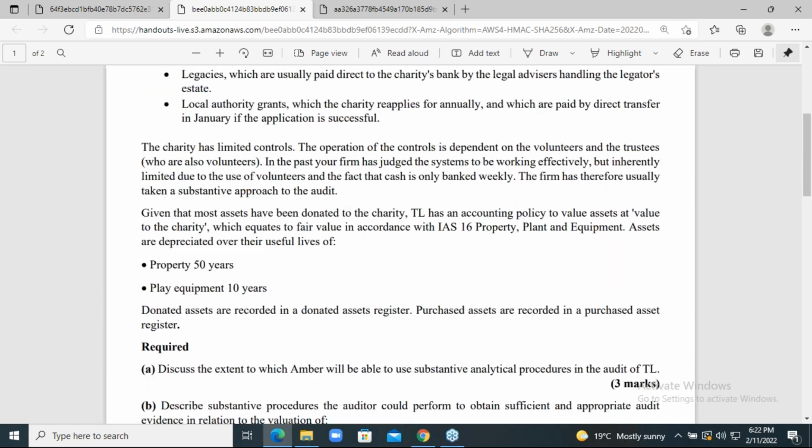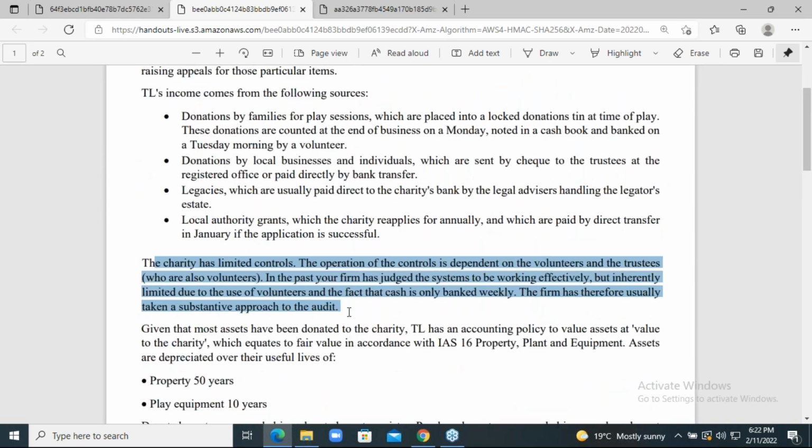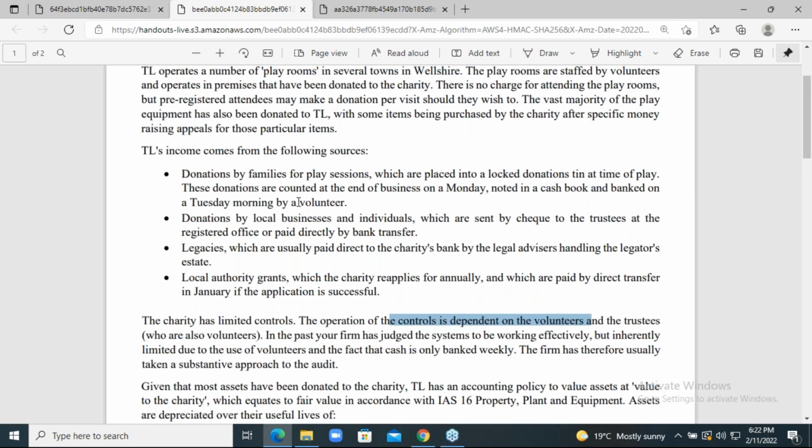So you are going to read the data. As you can see, the data claims that control is dependent on volunteers, and a volunteer is going to bank this donation, which means there is a control deficiency. You can also inquire with management regarding the controls over volunteers.